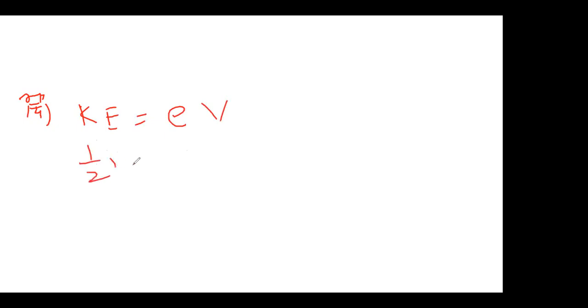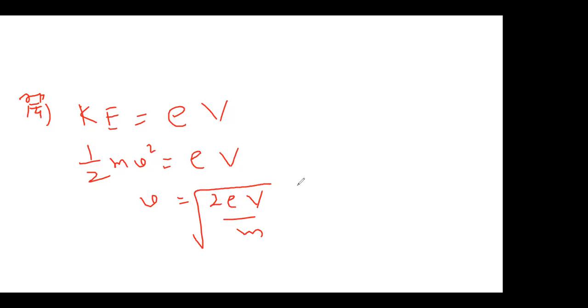Therefore, half mv squared is eV. So velocity will be root of 2eV upon m. The charge they have given is capital E, so root of 2EV upon mass.